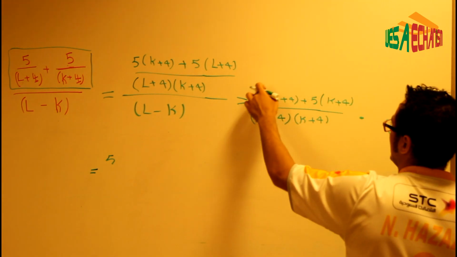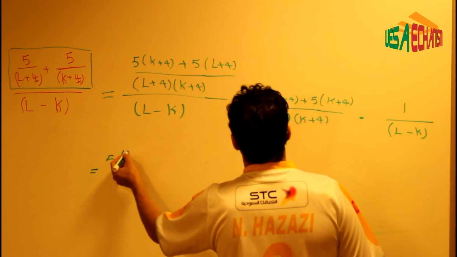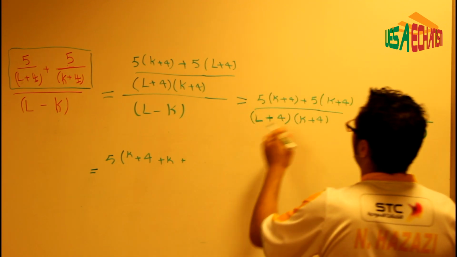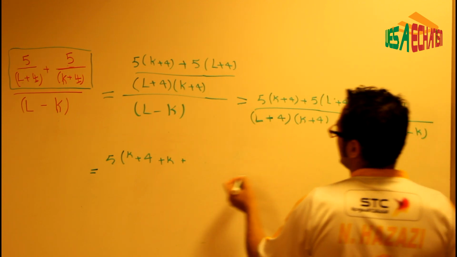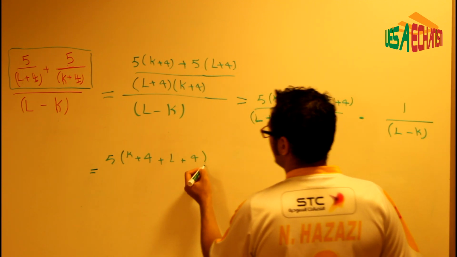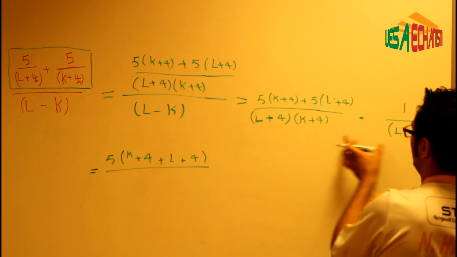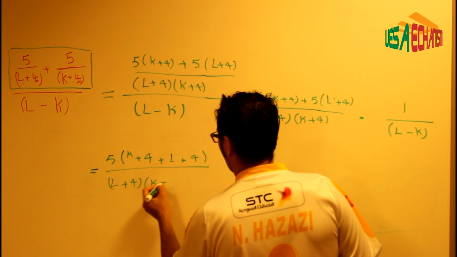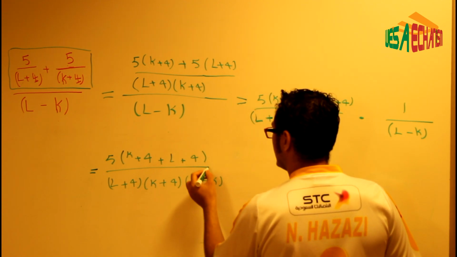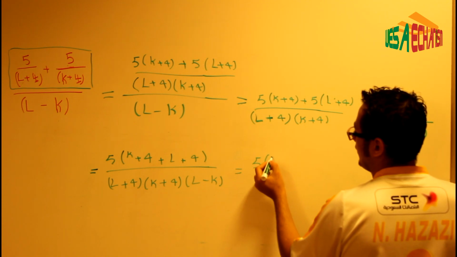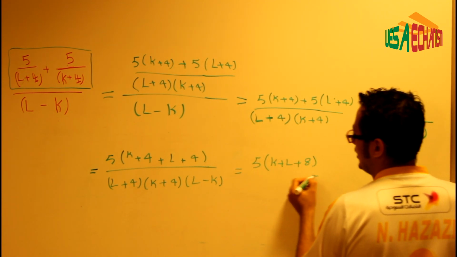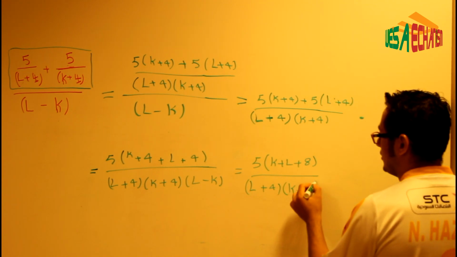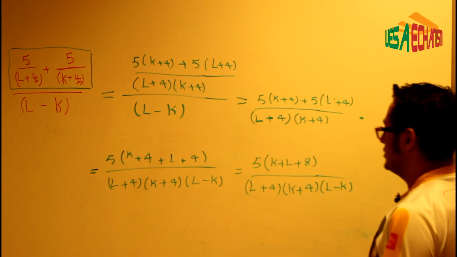We can take 5 as a common factor in here, and we can say K plus 4 plus L plus 4, divided by this and this, which is L plus 4, K plus 4, L minus K, which is equal to 5 K plus L plus 8 over this, which is L plus 4 multiplied by K plus 4 multiplied by L minus K. This is how to solve for this problem.